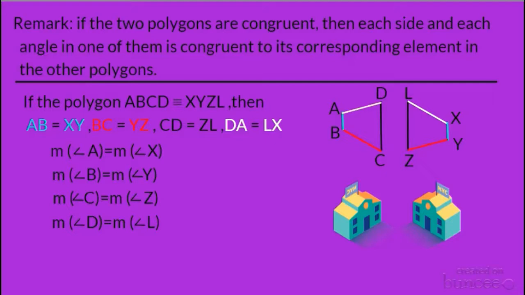As shown, if polygon ABCD is congruent to XYZL, then AB equals XY, BC equals YZ, CD equals ZL, and DA equals LX, and measure of angle A equals measure of angle X, measure of angle B equals measure of angle Y, measure of angle C equals measure of angle Z, and measure of angle D equals measure of angle L.